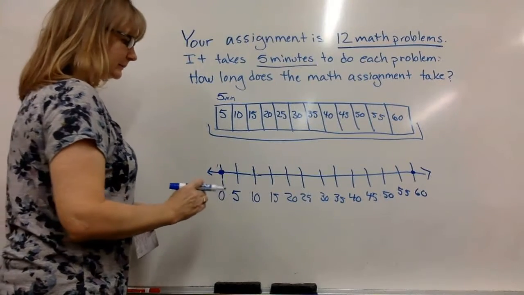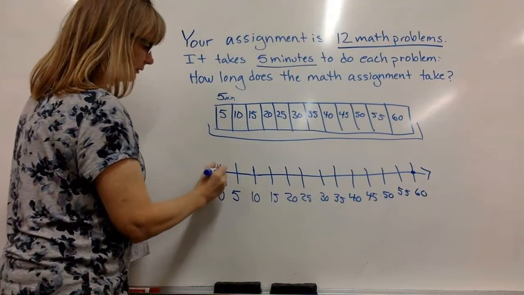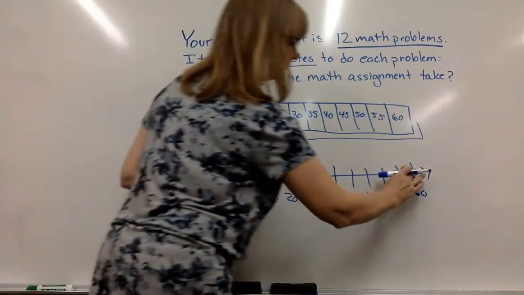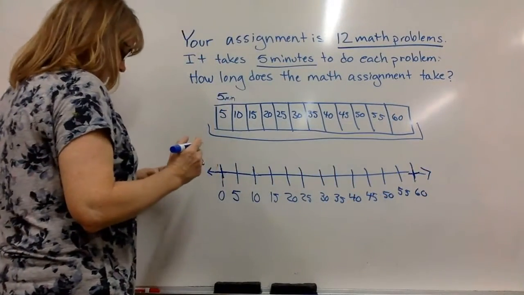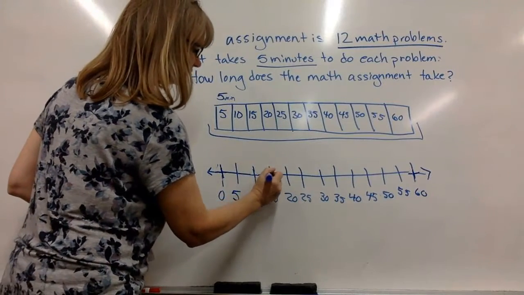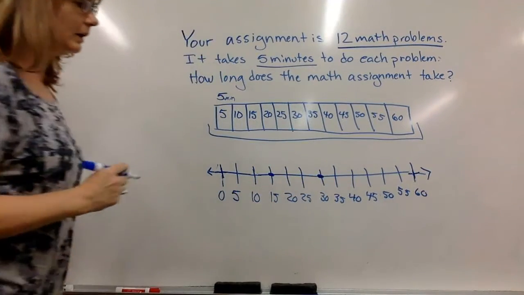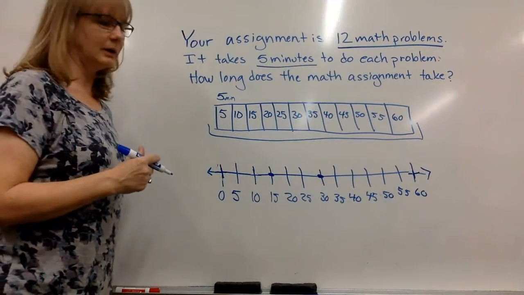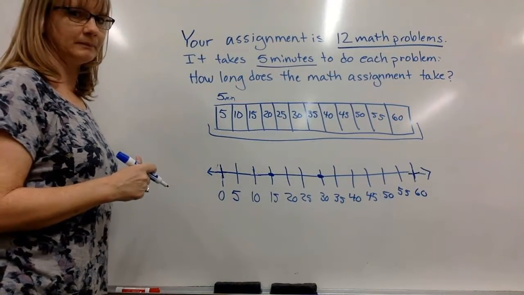Now here's a harder one. We're not starting at 0. That makes it harder. How about from 15 to 30? How much time goes past from 15 minutes to 30 minutes?